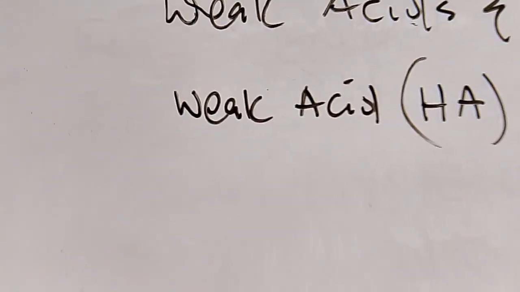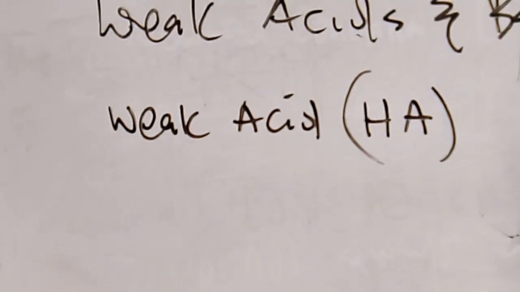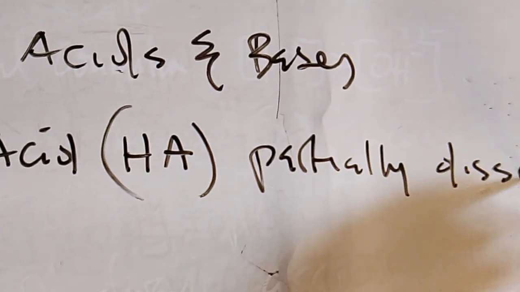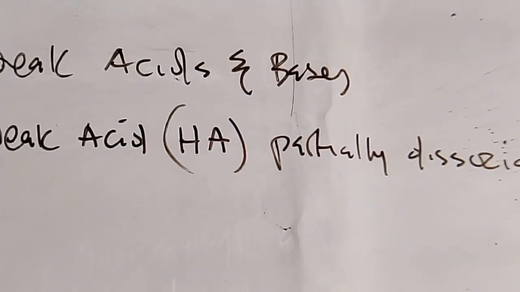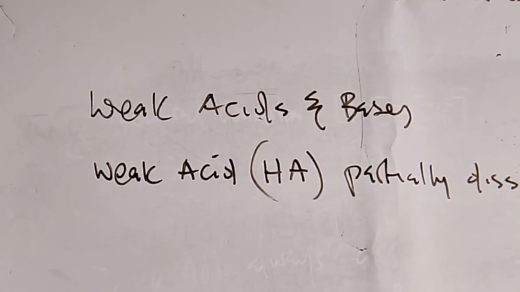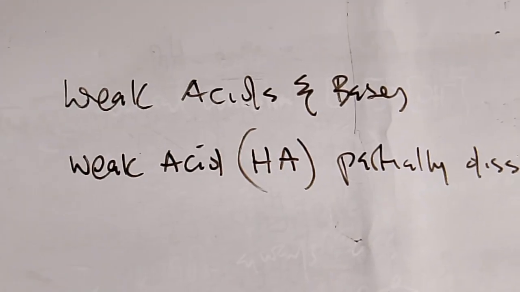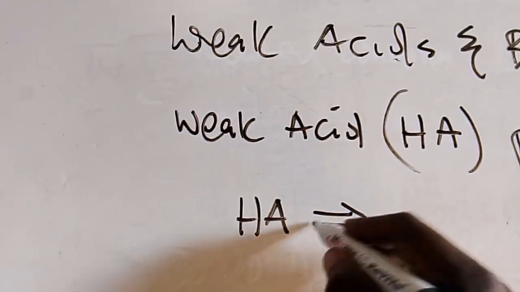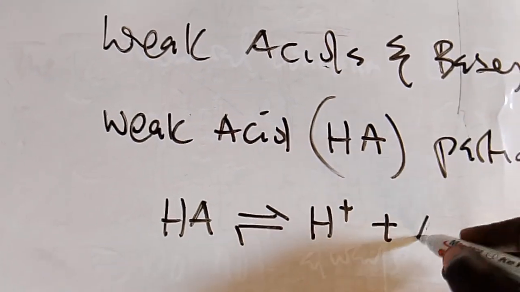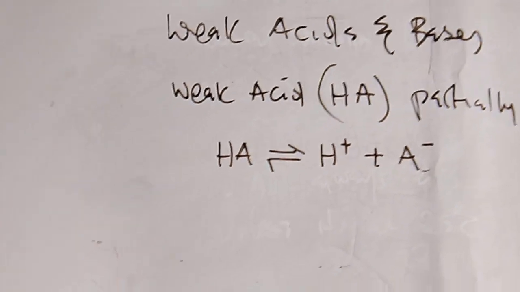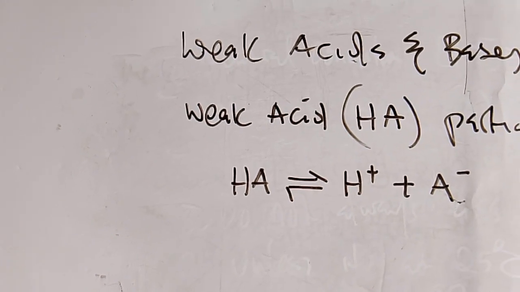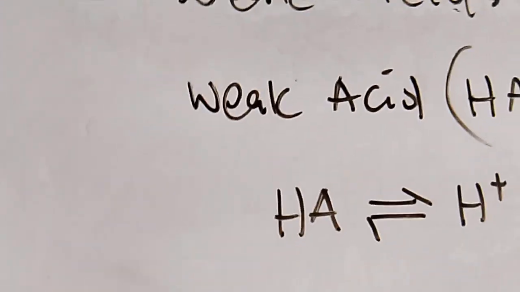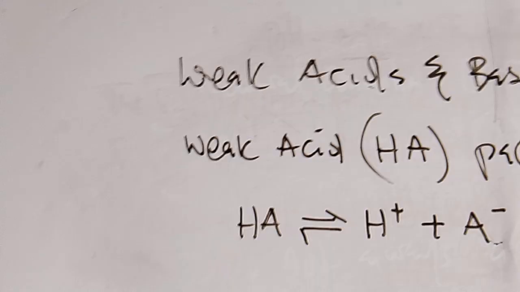Okay, so a weak acid, HA, partially dissociates in solution. So the reaction is reversible. So weak acid will dissociate to form hydrogen ion plus the conjugate base.